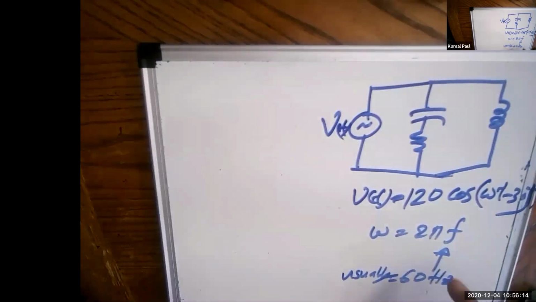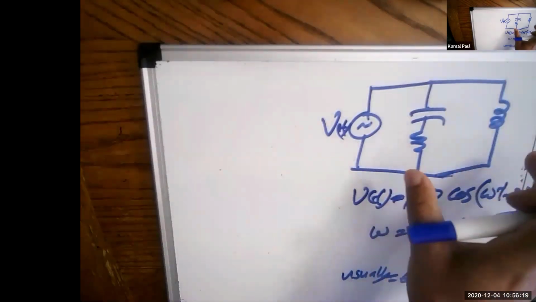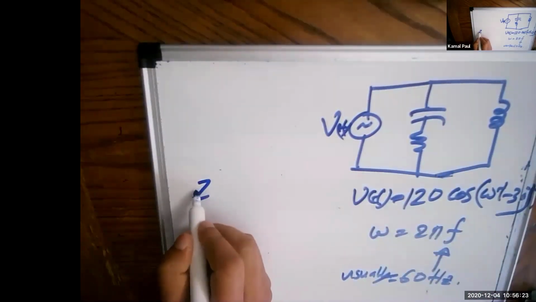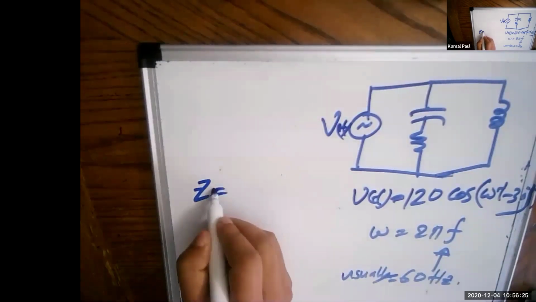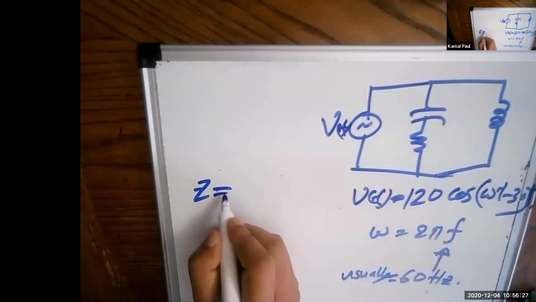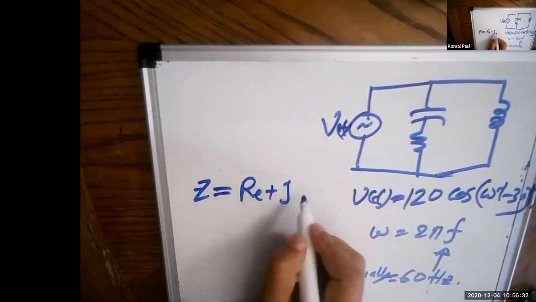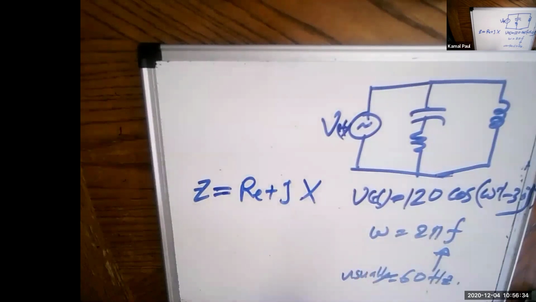Now we can vary this frequency in such a way that we can omit the imaginary part. Say for example, Z is equal to, I'm just assuming, some real part plus j some imaginary part, right?